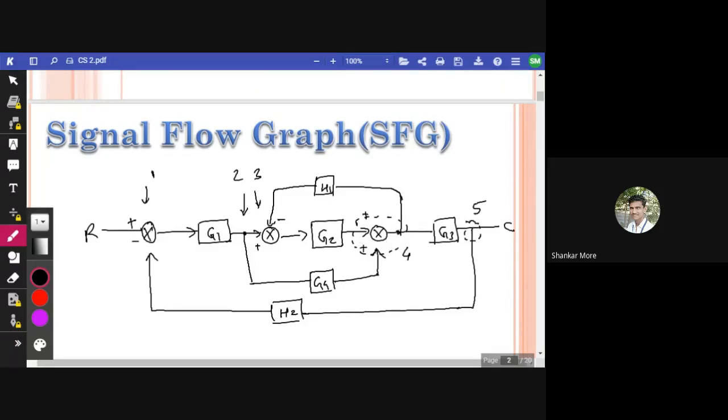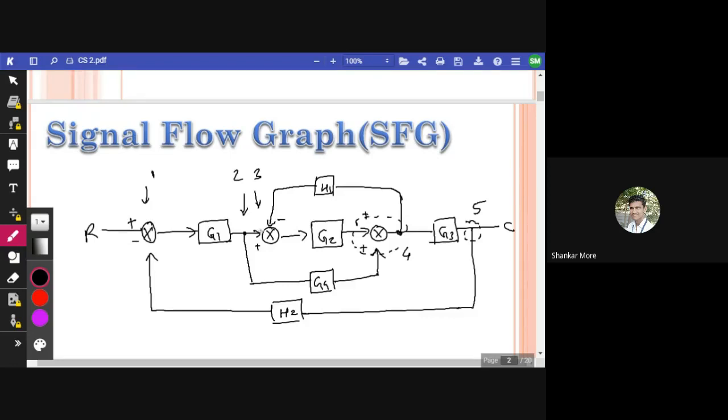When a takeoff point comes after a summing point, we can merge it into one node. But if the takeoff point is before the summing point, then we have to take the takeoff point node separately and the summing point node separately.